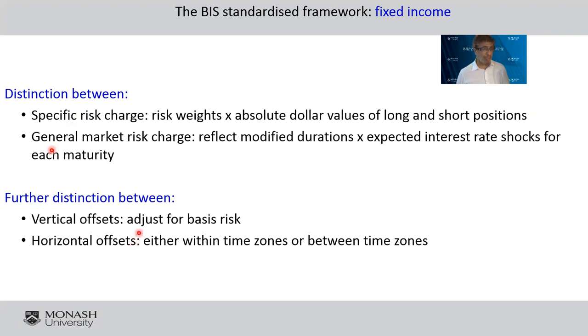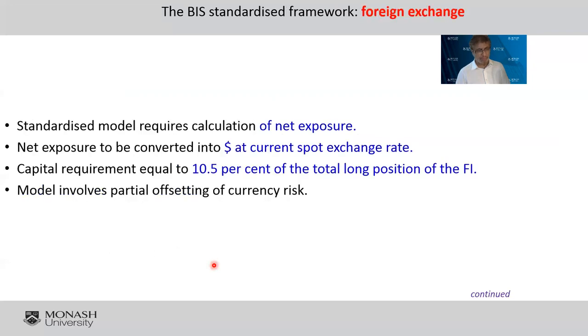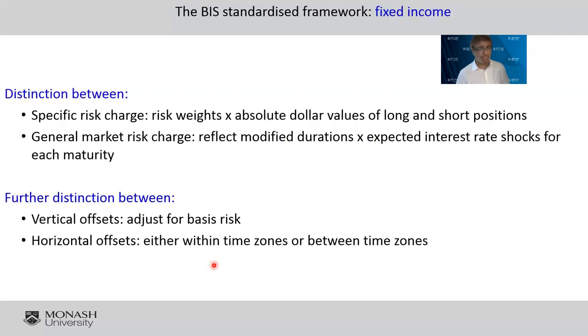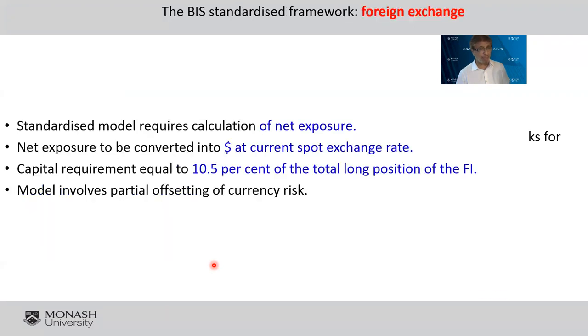Because of changes in the interest rate, the impact on the liabilities will be different from the impact on the assets. So you have to adjust for this basis risk. This is what they do for fixed income in the regulatory approach.